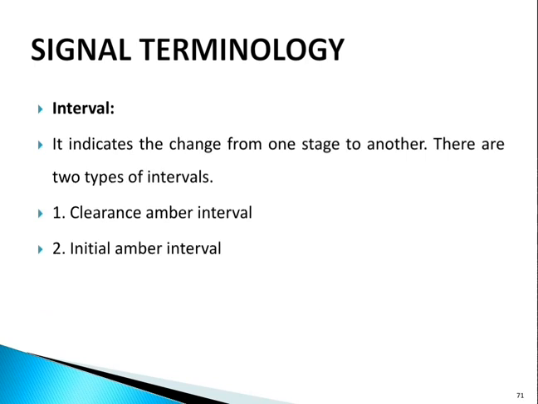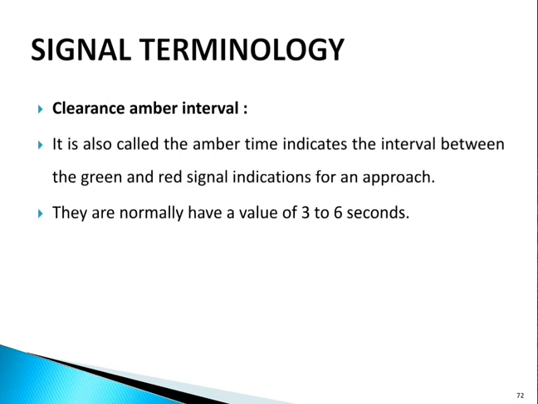Next is interval. It indicates the change from one stage to another. There are two types of interval: clearance amber interval and initial amber interval. So clearance amber interval, also called the amber time, indicates the interval between the green and red signal indications for an approach.